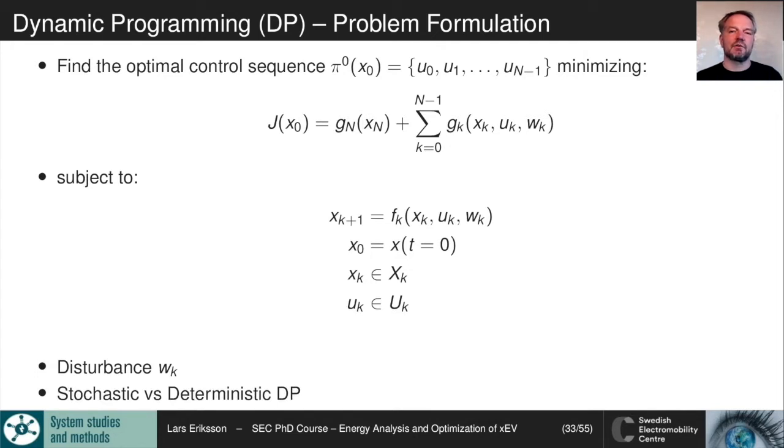And that can be utilized to solve, for example, uncertain situations when we don't really know the traffic situation. So we have maybe some guess about the traffic population, about the magnitude, so that we can model it. So we get a disturbance model, and then when we have the disturbance model and we have our dynamic system, then we can solve it with stochastic dynamic programming.